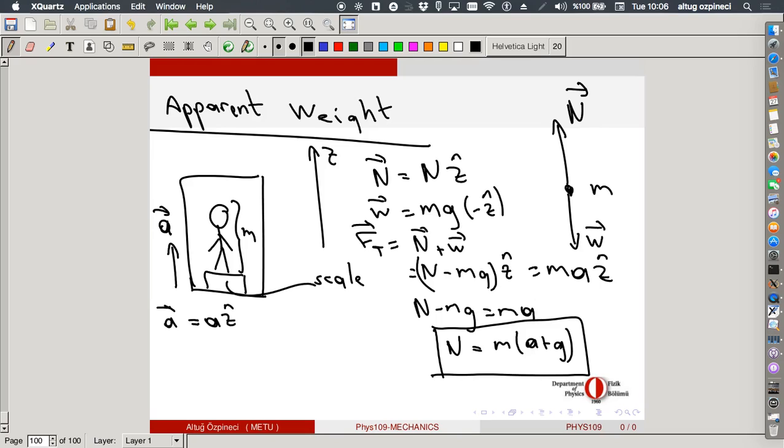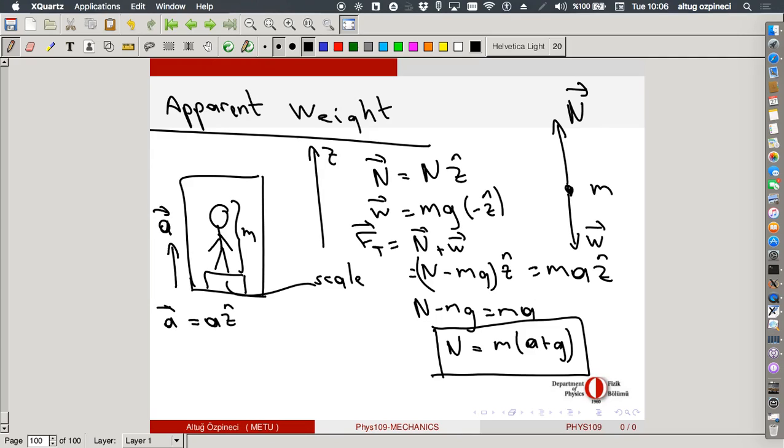But your weight depends on the circumstances. For example, in this example, you are heavier because you are in an accelerating elevator. Or if you go to the moon, you will be lighter because we will see that the g on the surface of the moon is much smaller than the g on the surface of the earth. So your weight changes depending on where you are, but your mass does not.